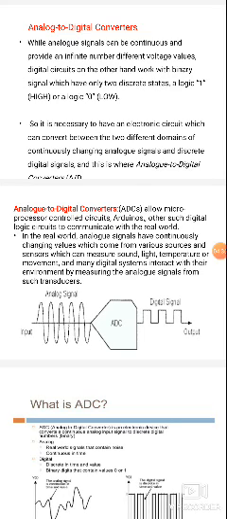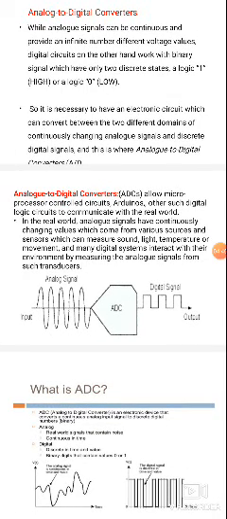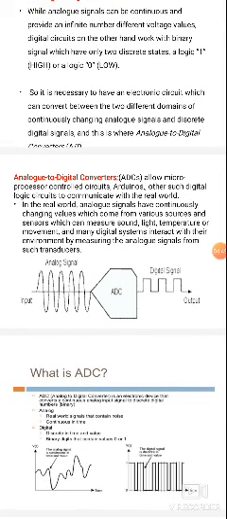So it is necessary to have an electronic circuit that can convert between these two domains, continuously changing analog signals and discrete digital signals, and this is where we use analog to digital converters, or A to D converters.